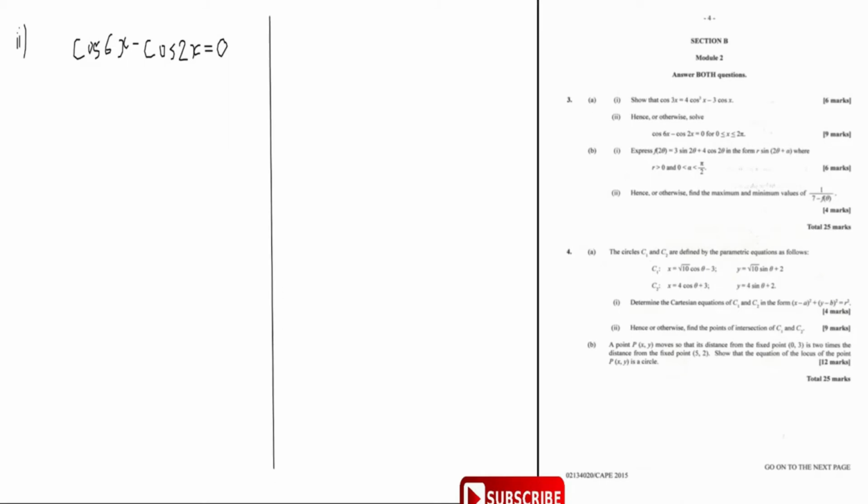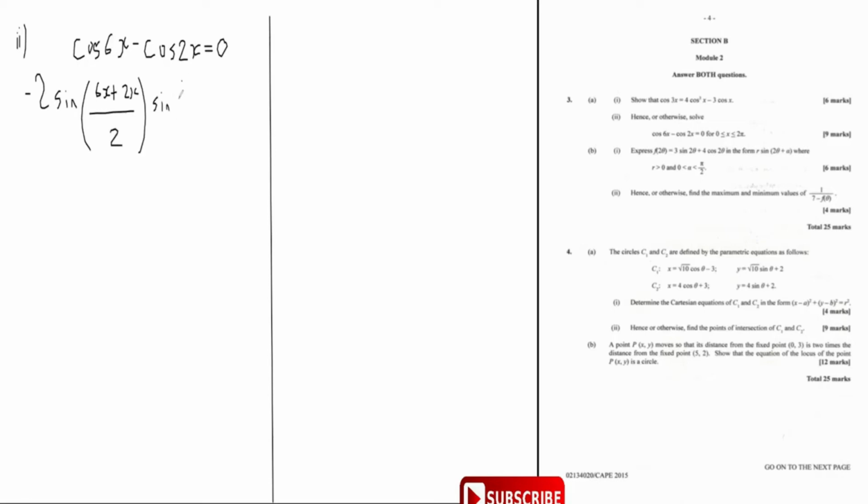The route I want to go is where I'm going to use that the difference of 2 cos is given by minus twice the sine of half the sum, which is 6x plus 2x divided by 2, times the sine of half the difference.